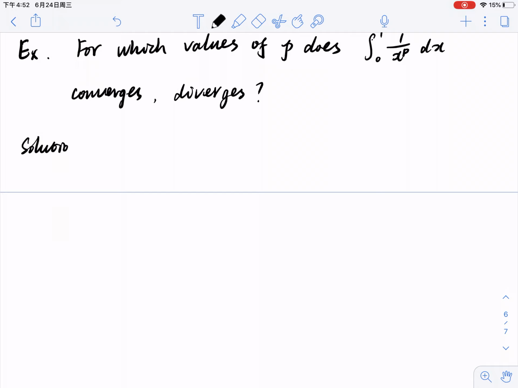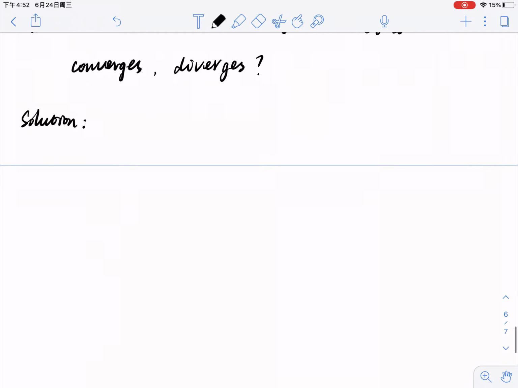Again, we first consider p not equal to 1, and then consider the case p equals 1.